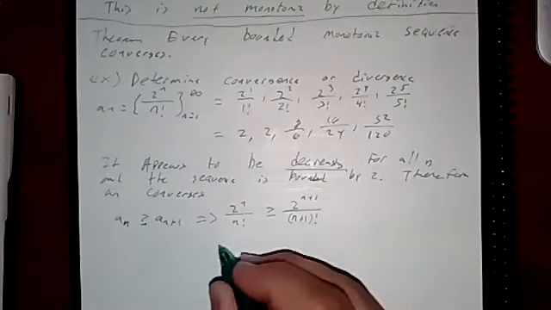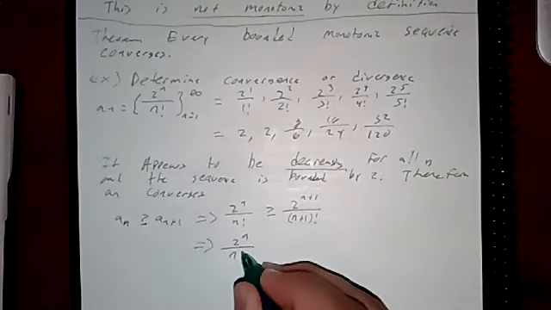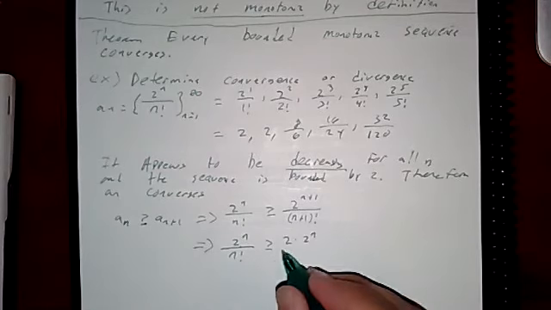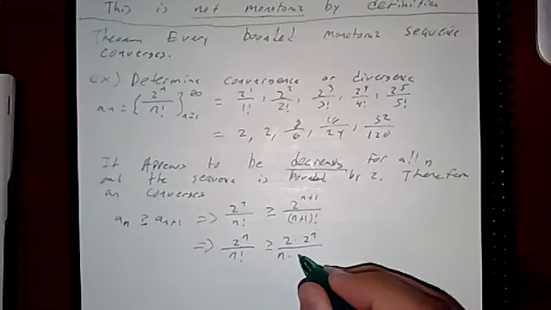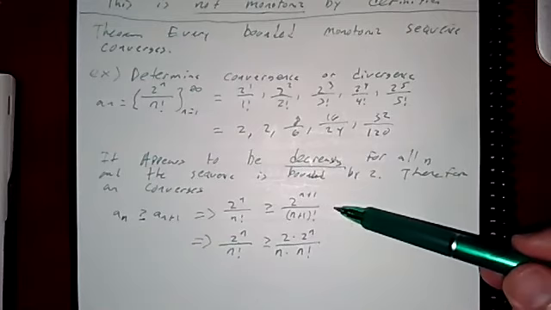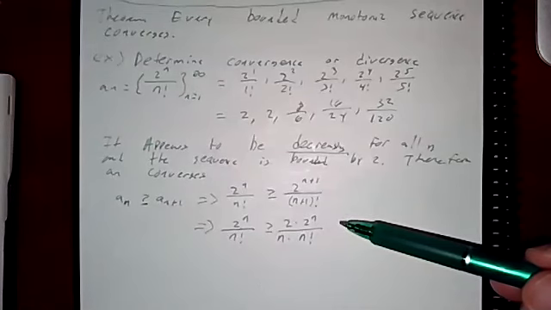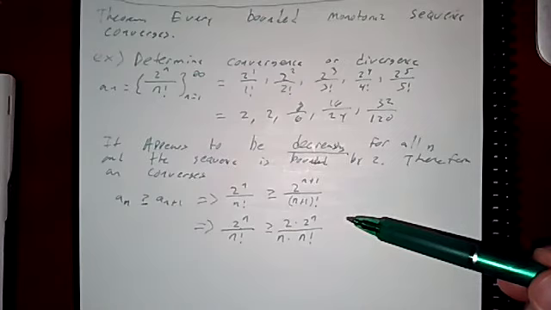So technically this would be 2 to the n over n factorial, and this would be 2 times 2 to the n over n times n factorial. Do you agree with this? These are equal? Yeah, they're equal.